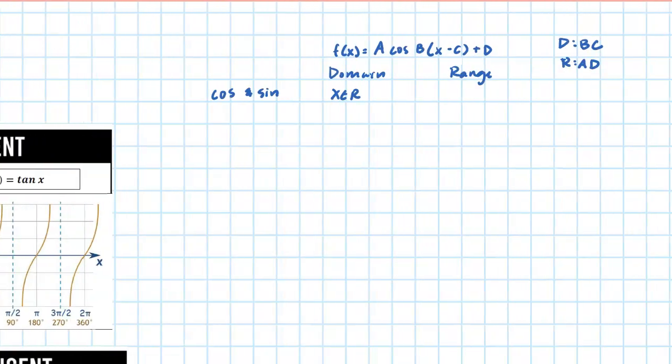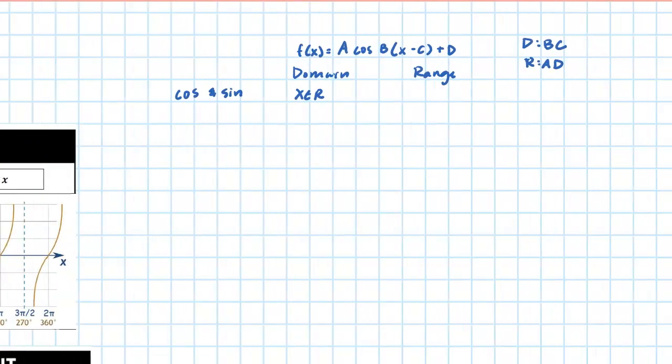So we call it domain and range. We know that plus or minus 1 is going to be affected because those are the maximums and the minimums. There's nothing that is greater than that or less than that in the parent function.